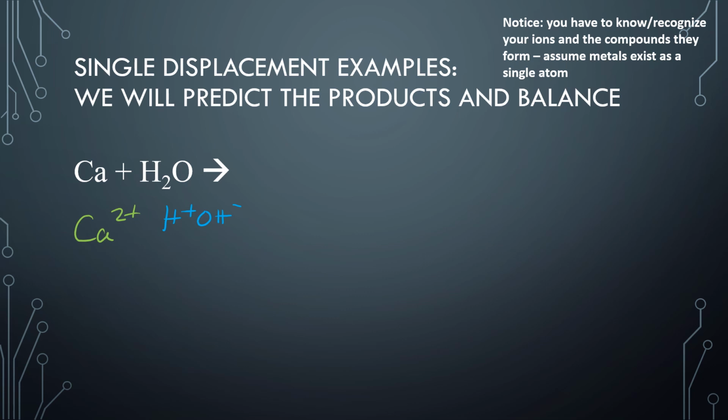Calcium comes along and kicks off H. So my step 2 is swapping. Ca2 plus, OH1 minus, and then H gets kicked off, so now it's by itself over here. My new products are going to be Ca(OH)2 plus H2, and then balance.